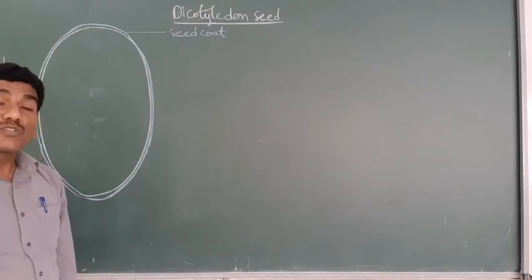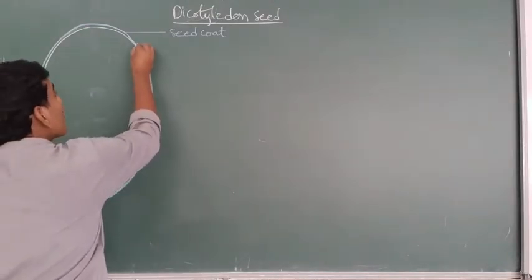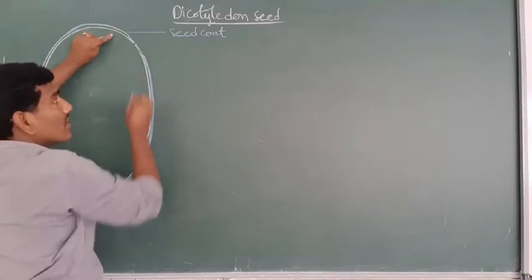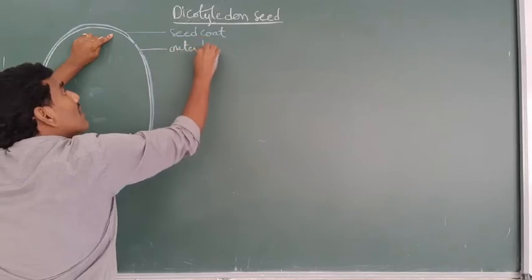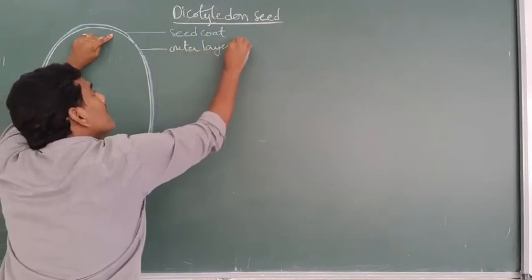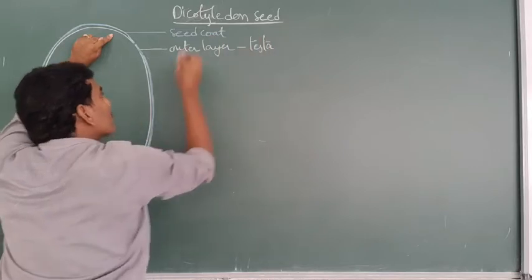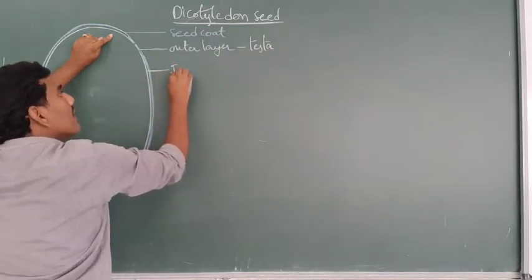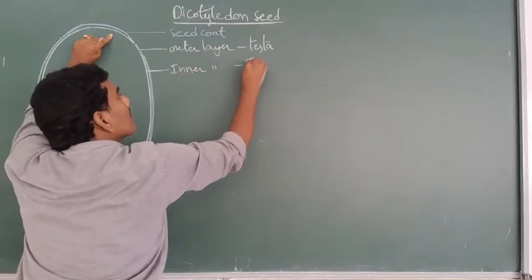The seed coat has two layers. The outer layer is the testa, and the inner layer is the tegmen.